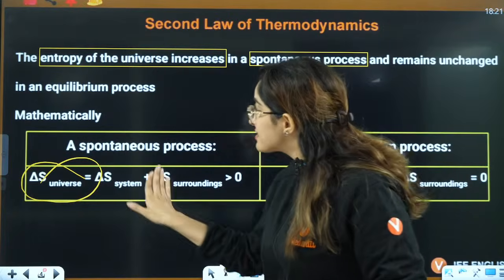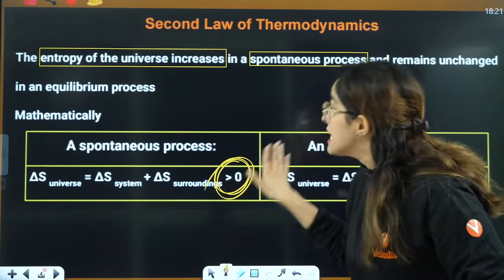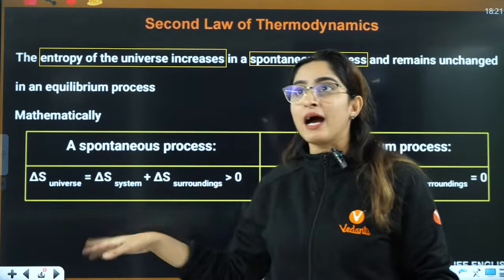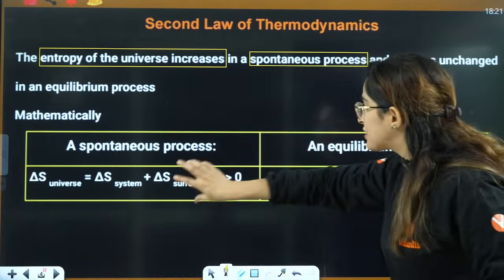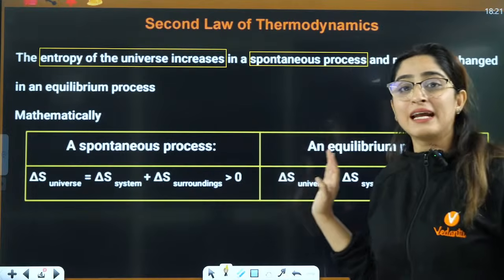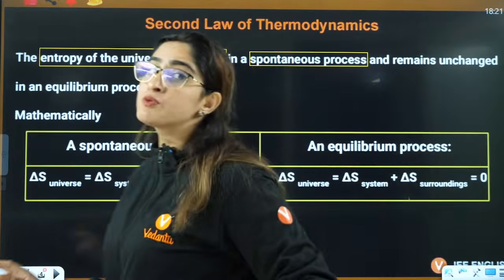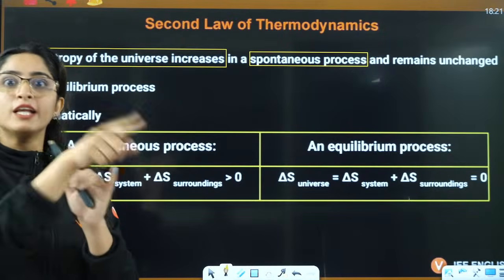So entropy is increasing, that will be positive here. Directly the question can be asked, which of the following is true for a spontaneous process? For a spontaneous process, it is greater than zero. For a non-spontaneous process, it is less than zero.